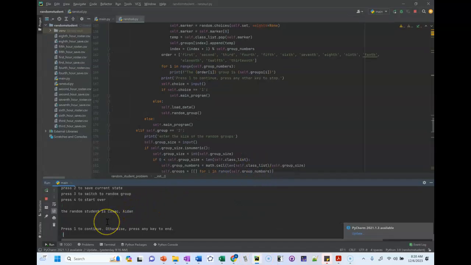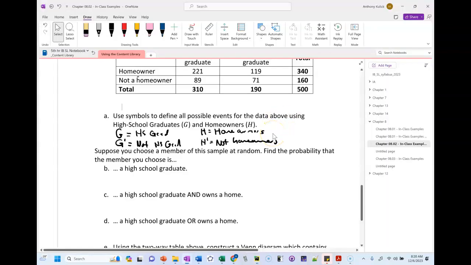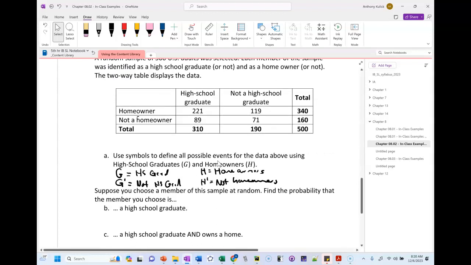Next up is Matthew. Suppose you choose a member of this sample at random. Find the probability that the member you choose is a high school graduate.